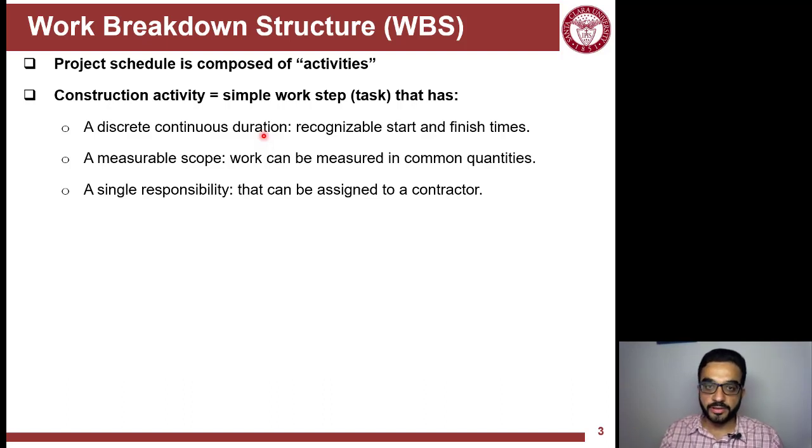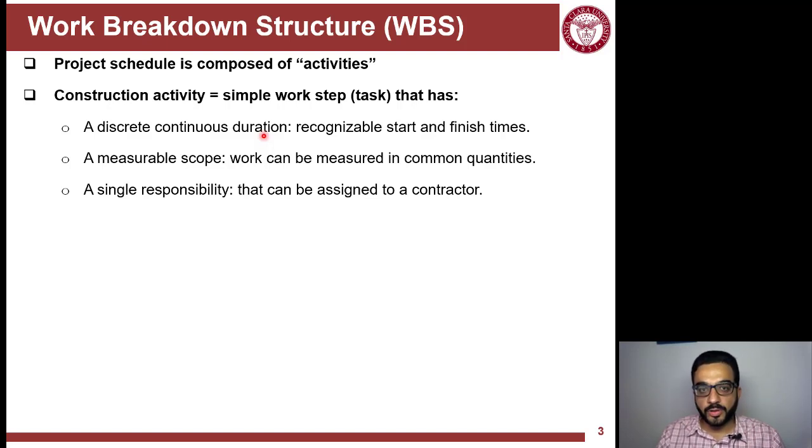Whenever you start, you end it continuously. And then it should have a measurable scope, measured in quantities that are common in managing construction projects, like square foot, square yards, cubic yards. So it can be tracked, so we know how much of the work is done.